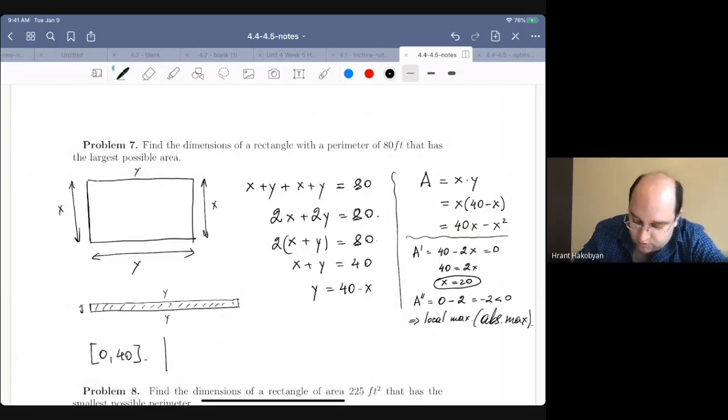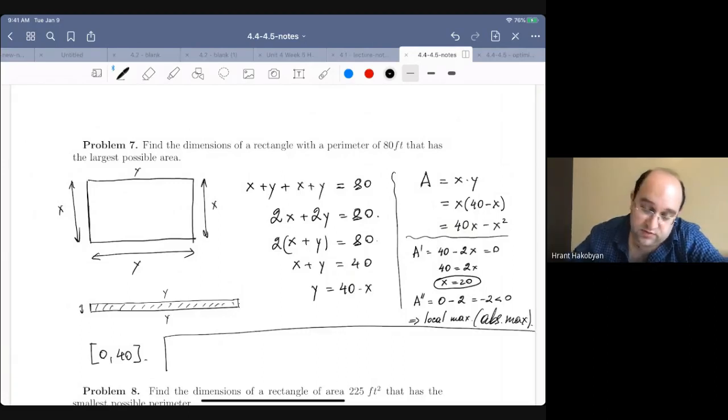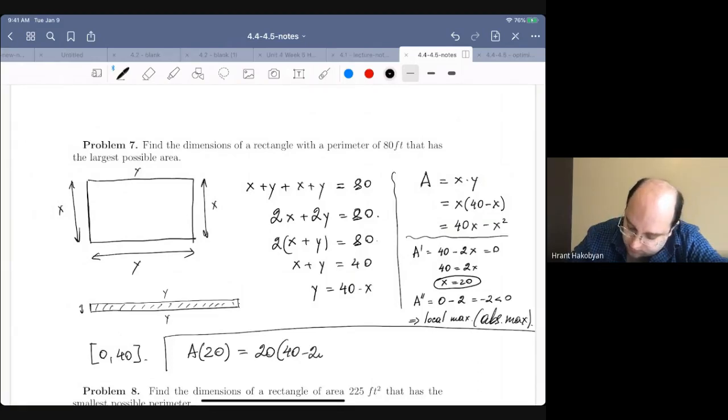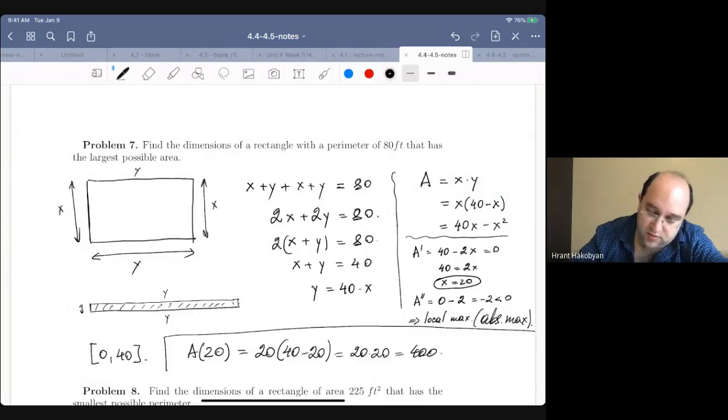So A of 20 is going to be equal to, if I plug it into this formula, 20 times 40 minus 20. So that's 20 times 20, which is 400. So that's my maximal possible area.